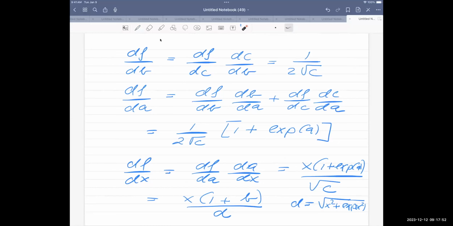And by using the chain rule, we could actually back propagate this. So we could then get down to df db, df da, which is given by this expression. And finally, we would then have df dx, which is given by this expression, which simplifies to this.